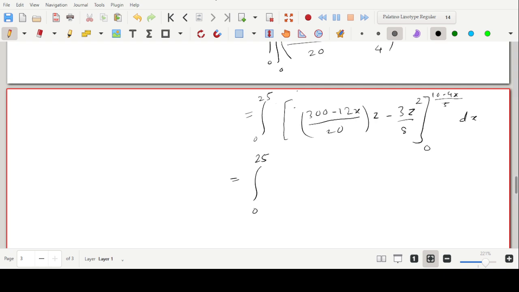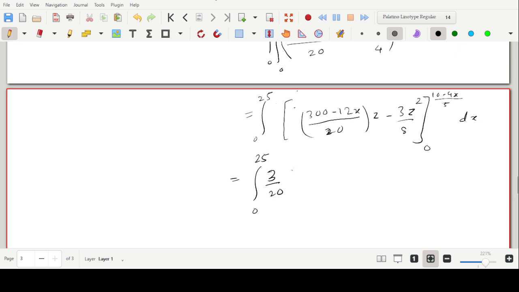Alright, so now here we can factor out 3, so 3 over 20, and then what remains inside is 10 minus 4x, and then z is 10 minus 4x over 5.